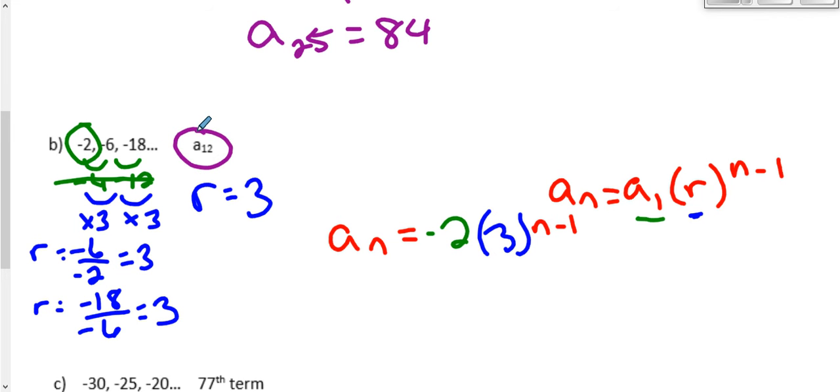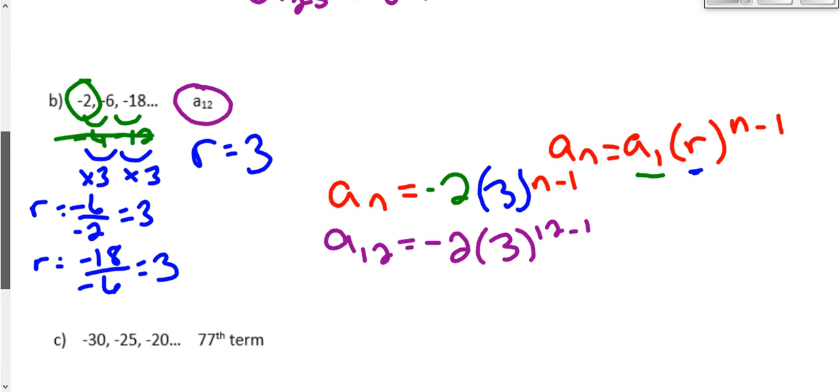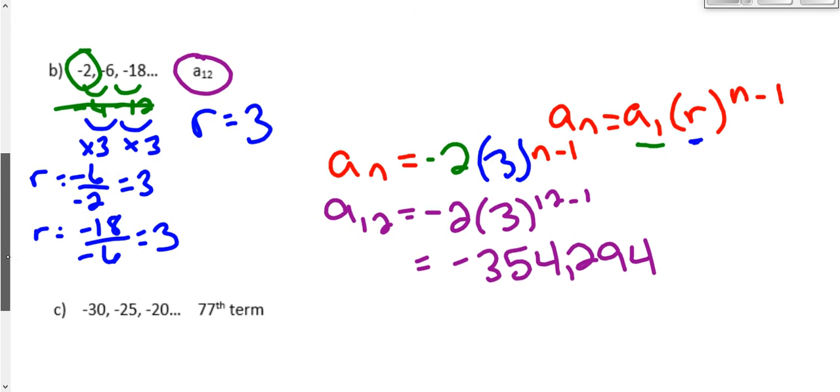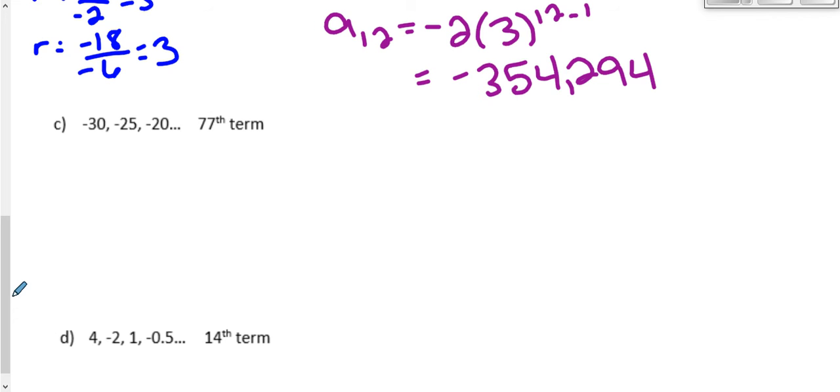So in this problem, I want to find a sub 12. So I just plug in the number 12. Negative 2 times 3 to the 12 minus 1 power. This is going to be a very big answer. I can plug that in my calculator, and the calculator tells me it is negative 354,294.